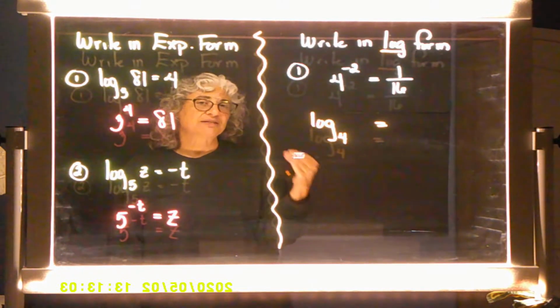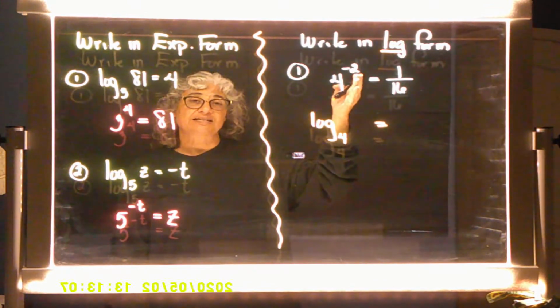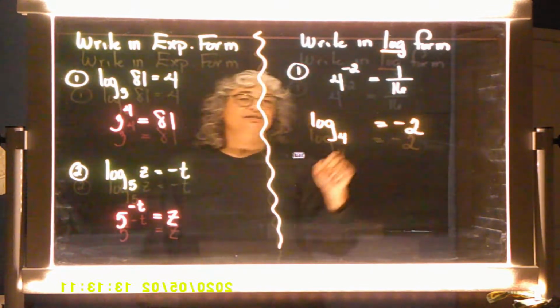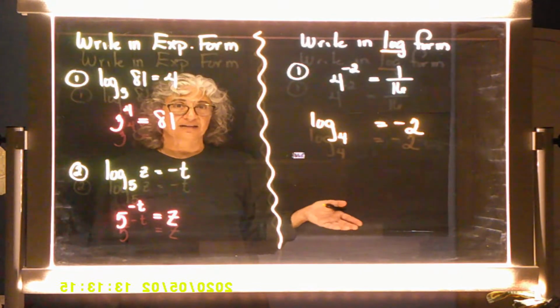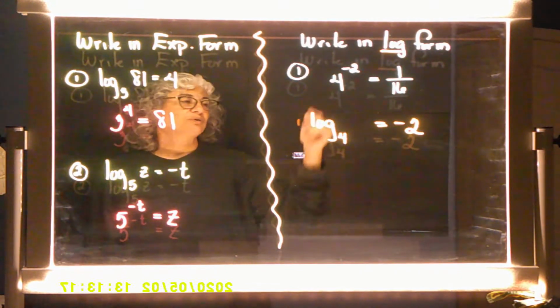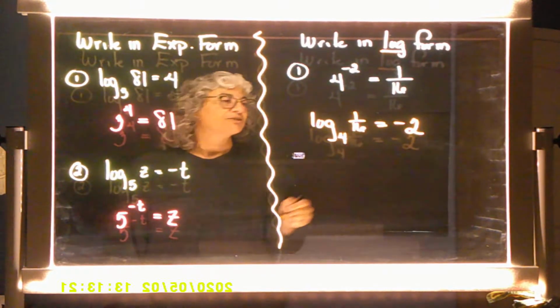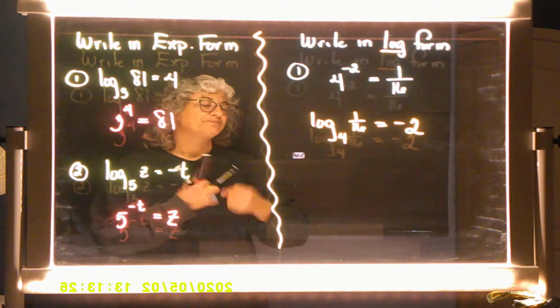But the order remains the same. The base first, the power second, which is negative 2, and that power goes all by itself on the other side of the equal sign. And then you write the only thing that's left, which is, good, 1/16, and that fills in this gap right here. Cool? Okay. Got a second one for you.